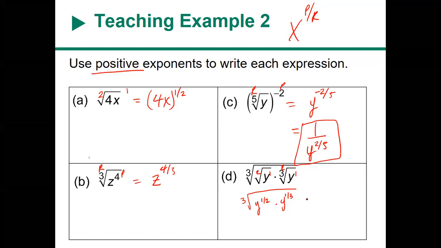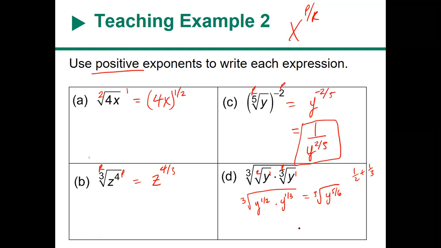What do you do with those two? You add them. So you have a 1/2 plus a 1/3, right? There you go. So y to the 5/6. So you have the cube root of y to the 5/6. Do we see that? A 1/2 plus a 1/3.